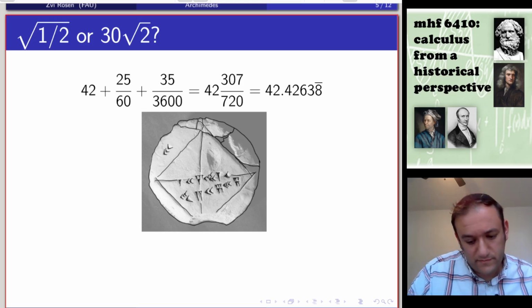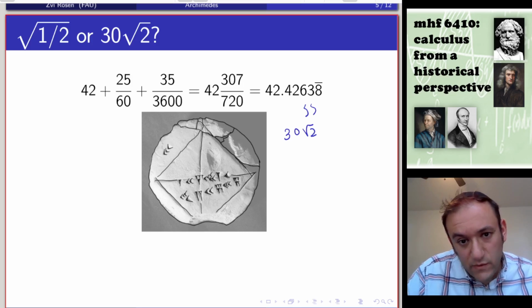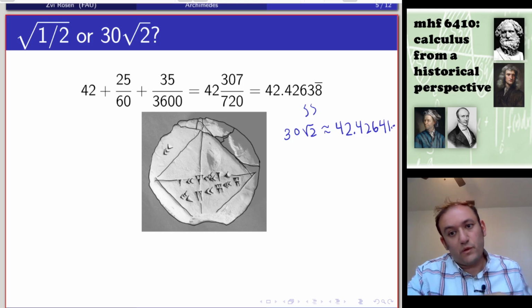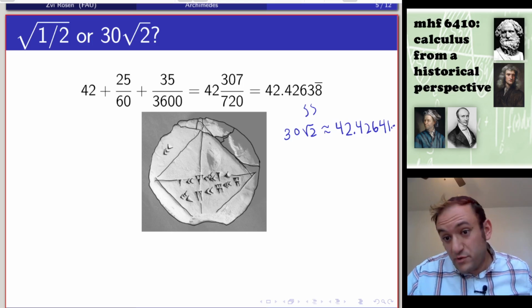This number is approximately equal to 30 times the square root of 2, because this is approximately 42.42641, etc. Okay, so that gets pretty close.